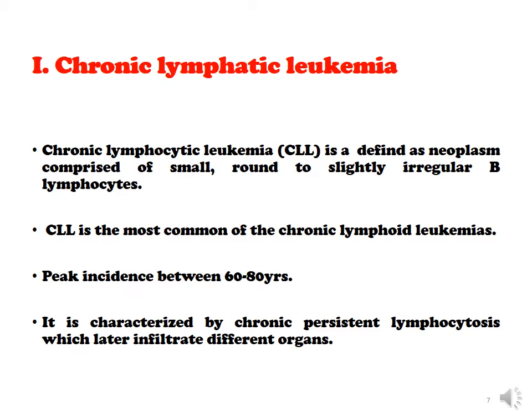So above 40 up to 60 is a big number of cases now. It's characterized by chronic persistent clonal lymphocytosis, which later in the disease might infiltrate organs. So it starts with lymphocytosis, which appears to be B clonal lymphocytosis.